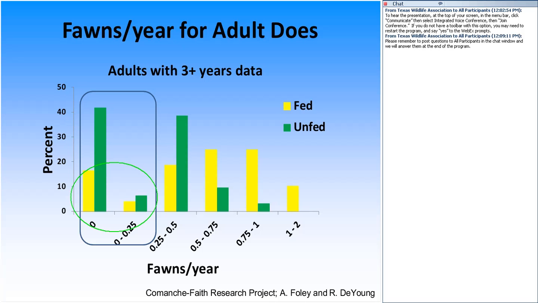So about 1 in 5 does in this environment just didn't seem to have what it takes. And then up on the right-hand side, we had does that raised fawns every year, and a couple of does that even recruited twins in some of those years. So what this says to us is there's some does that really know how to do it in this environment, and there's some does that year after year appear to be poor mothers and just don't have what it takes to produce a fawn in this environment.